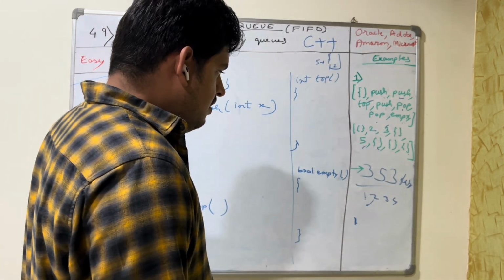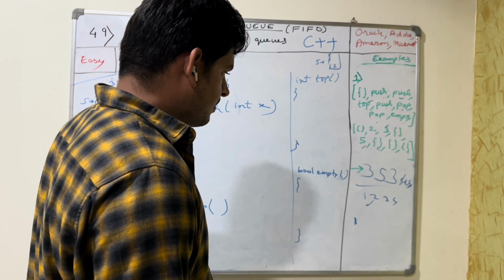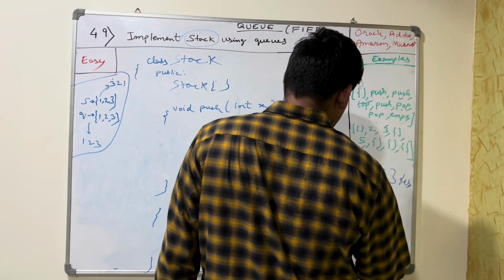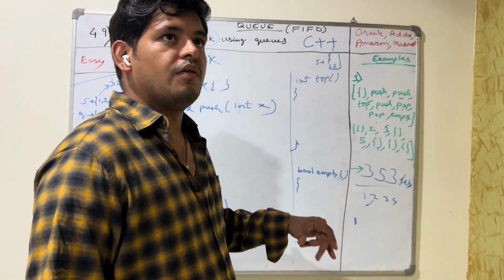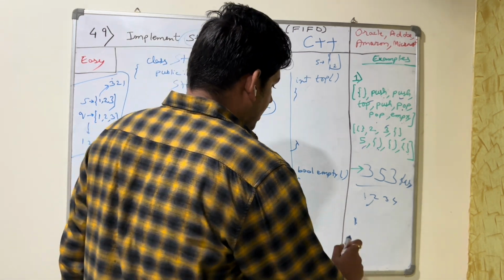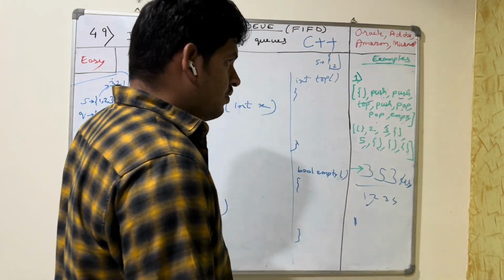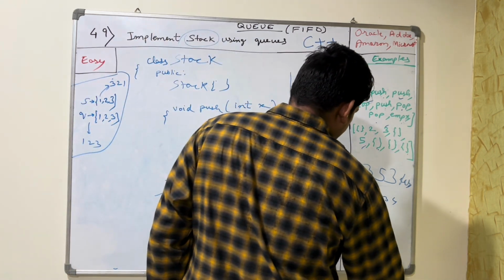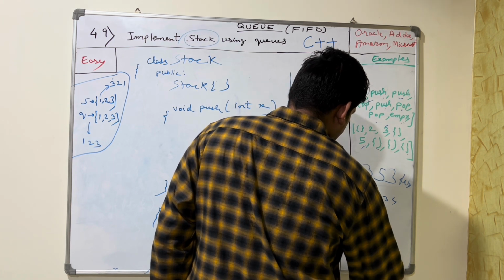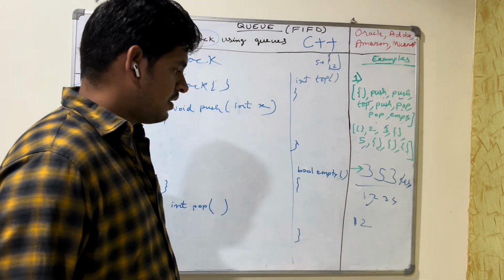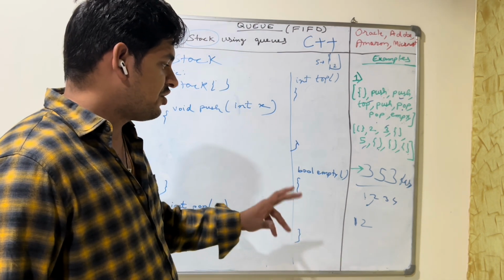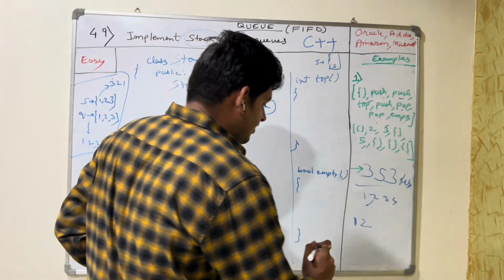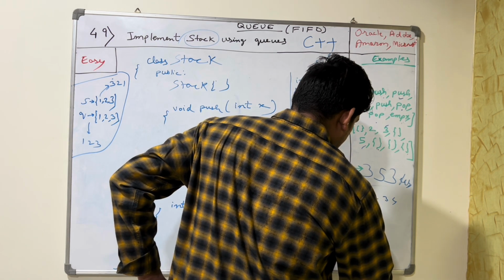So what do I do? Since I already have 1 in the queue, instead of pushing 2 into the queue directly, I need to make it reverse, right?